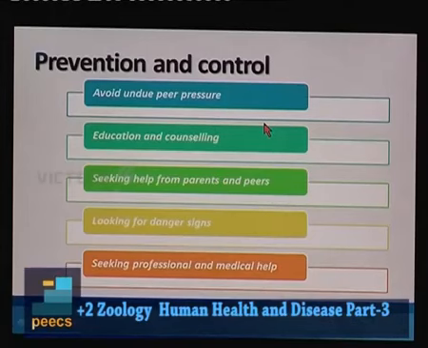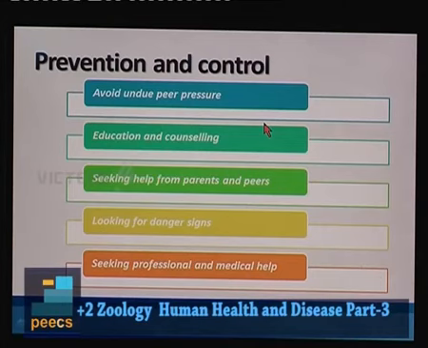A child should not be pushed further beyond his or her limits. We should give freedom for that particular child. So, avoid undue peer pressure. If there is more pressure, more stressful situation, it may lead to drug or alcohol abuse.